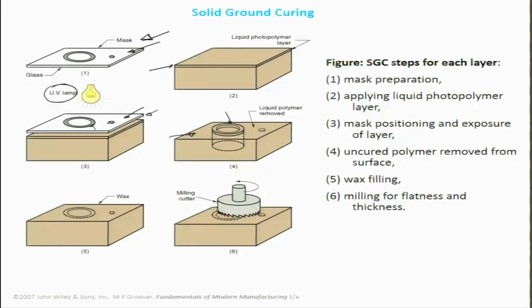Now when we remove the liquid polymer which is not cross bonded, so remember in stereo-lithography we were trying to get the liquid polymer again and again. In this case, we are going to remove the liquid polymer which is not cross bonded or which is exposed in this particular case, debonded. So that liquid goes away. The moment that happens, we cover this with a wax layer.